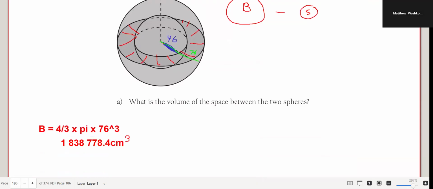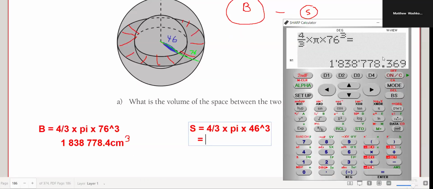Now the small circle in this case, same thing. 4 over 3 times pi times the radius, which is 46. See how that fraction button's handy for this? Times pi times 46 to the power of 3.